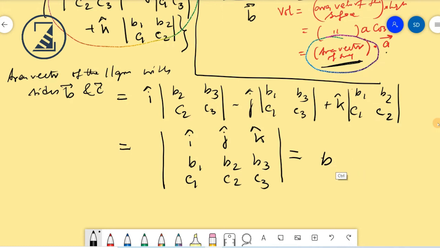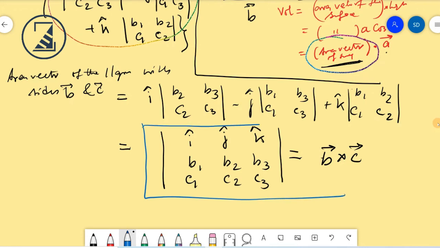This is b vector cross c vector. So b vector cross c vector is defined in this way. So this is the definition of b cross c, and this b cross c represents the area of the parallelogram with sides b and c.